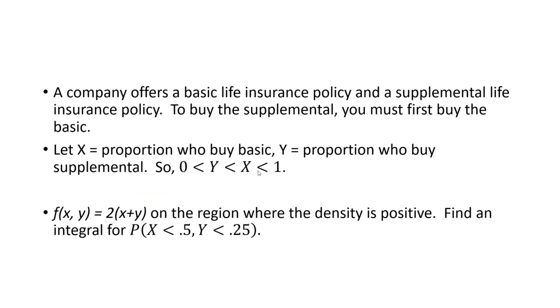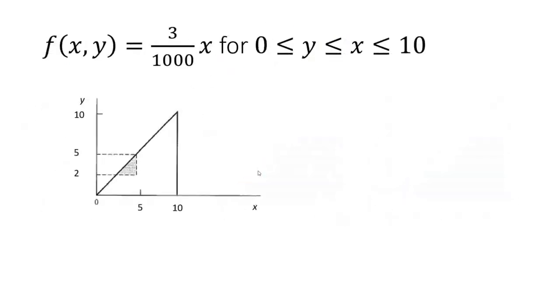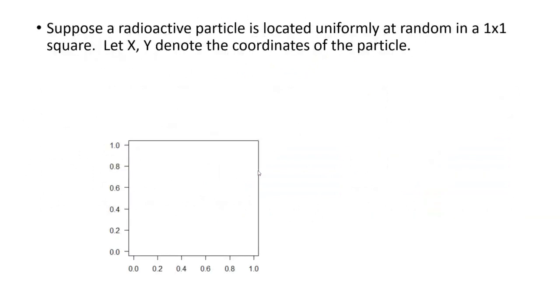Okay. And for example, in our first problem here, the particle was located uniformly at random in this 1 by 1 square. So here, the only restrictions were that x is between 0 and 1 and y is between 0 and 1.